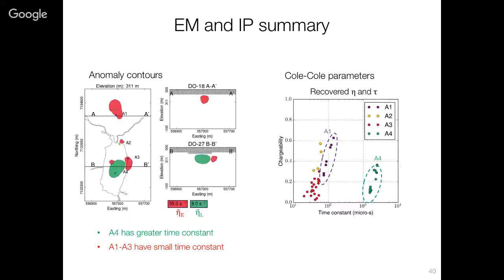And what we notice is that there's kind of two major partitions. There's a group of rocks over here associated with the A4 that have very long time constants and significant chargeability.